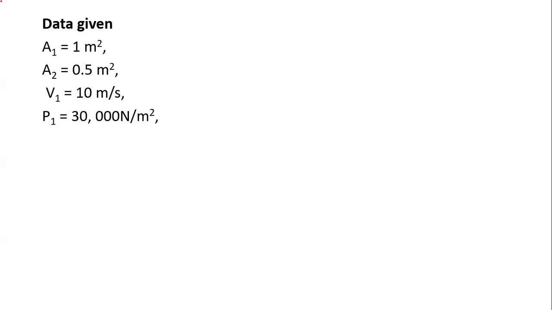Pressure in the first section is 30 kilonewtons per square meter. To convert to newtons per square meter, you simply multiply by 1,000. So 30,000 newtons per square meter, or you may decide to write it as 30,000 pascals. Specific weight was given directly, it's 11.6.